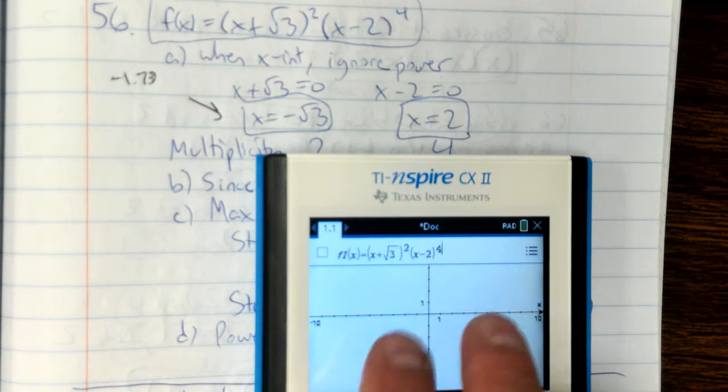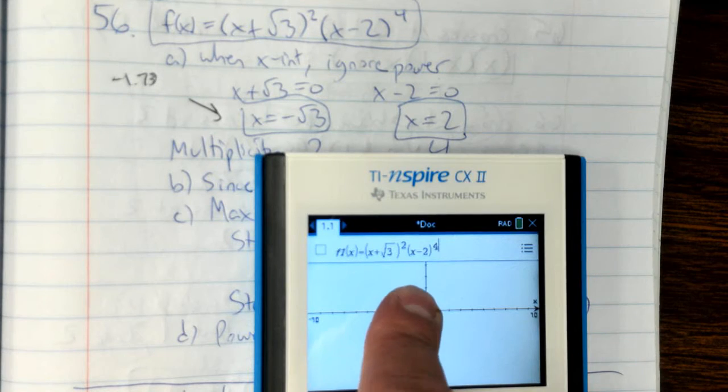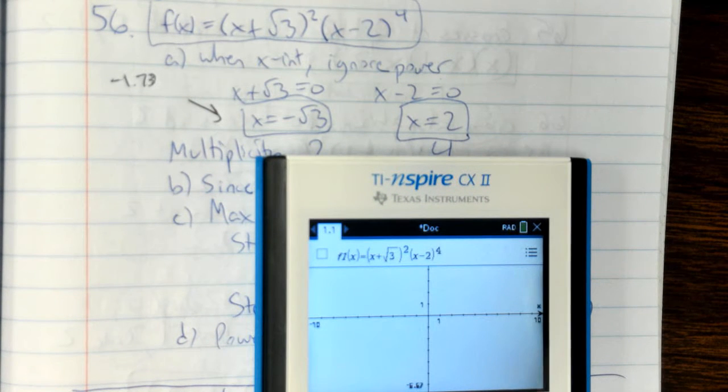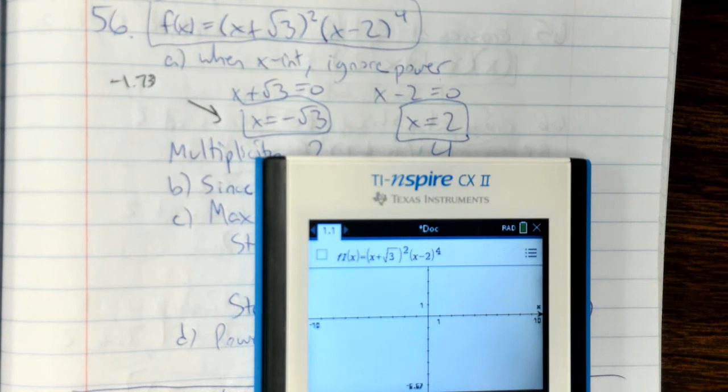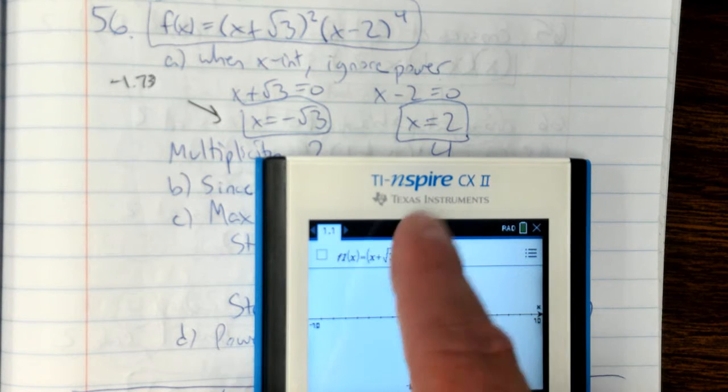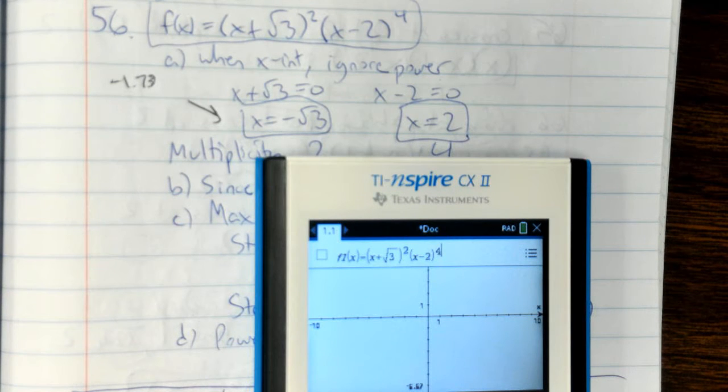Remember, on your calculator, you got to manipulate things like go to the outside of the parentheses, and when you type the exponent 2, make sure you go to the right, so you don't have your parentheses up too high. Just little typo type things, so make sure you don't make those mistakes.